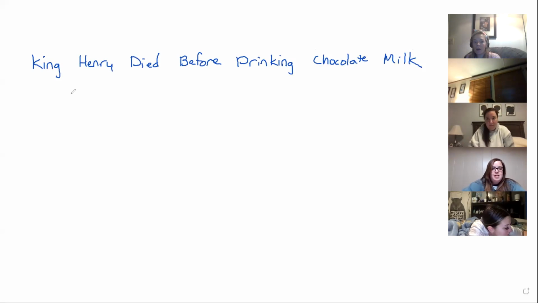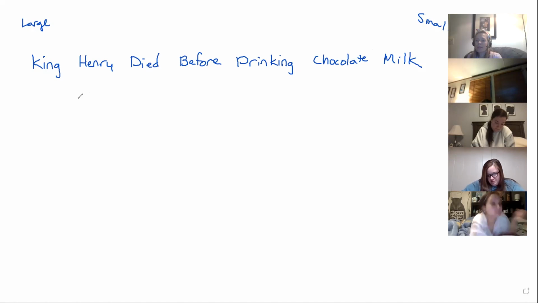So just like when we read the sentence left to right, we want to think about this conceptually left to right. On the left side, this is the larger units. So large over here and small over here. Sometimes you'll see this written as King Henry died drinking chocolate milk, and they don't put the before in, but the before is important because that's our base unit, and we do have to hop through that as a decimal exchange.